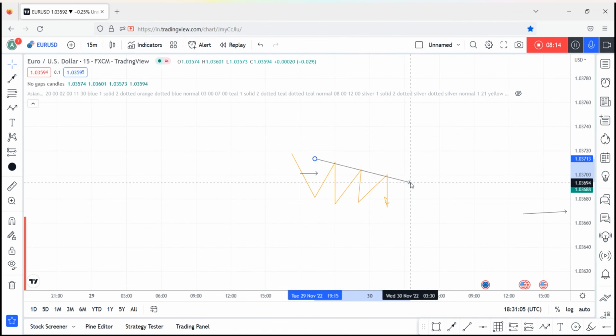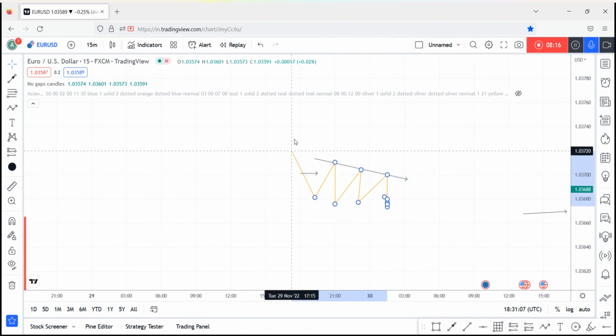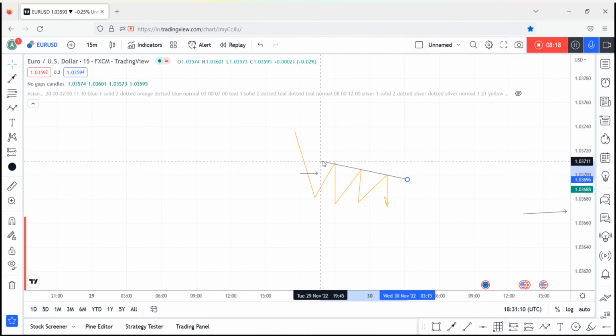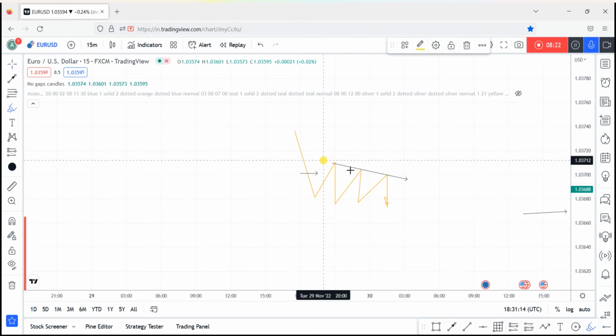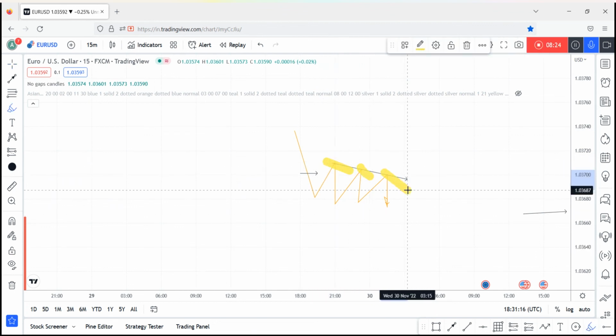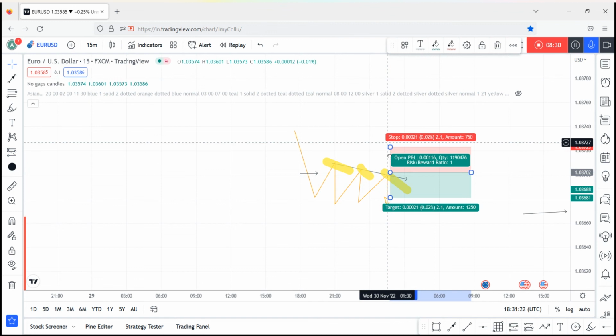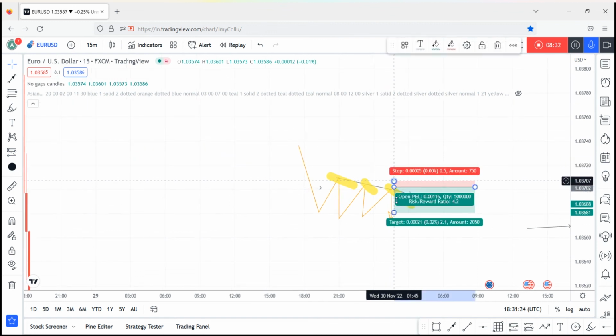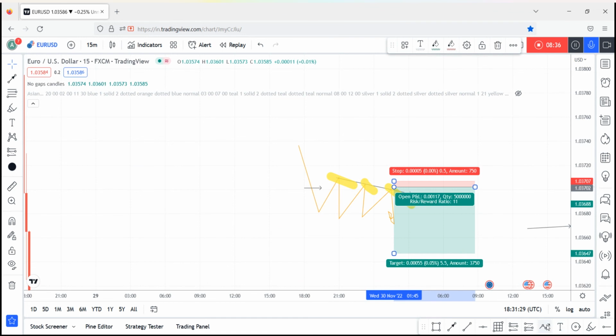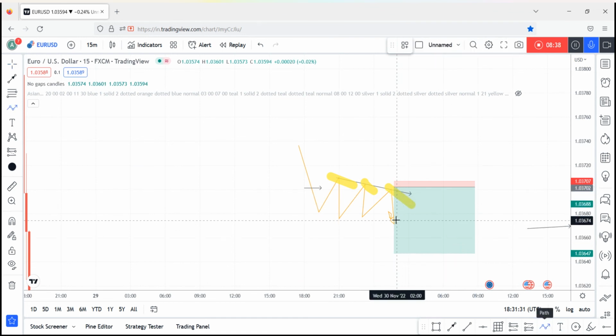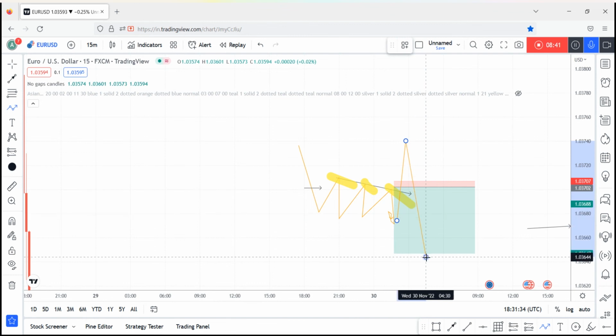Retail traders sell from here, here and here. And again what happens is, they place their stop losses just above this zone like this, right? And again what the market does is, the market just collects all the stop losses and goes down.